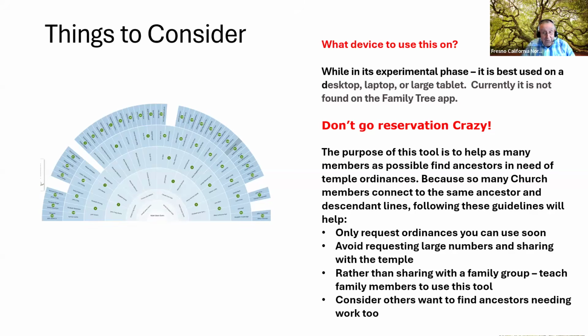First, only request ordinances you can use soon. That's been in effect for a long time now. We've been asked for several years to try to limit how many things we reserve to those that we can use soon. And avoid requesting large numbers and sharing them with the temple.